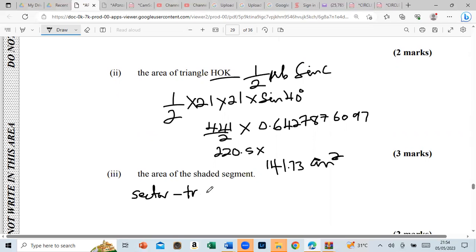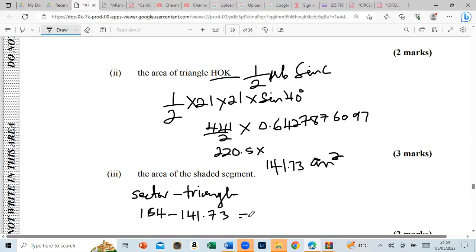That should be easy. That's the easiest part of it, even though it has more marks. I'm not sure why. So the area of the sector was 154 minus 141.73.